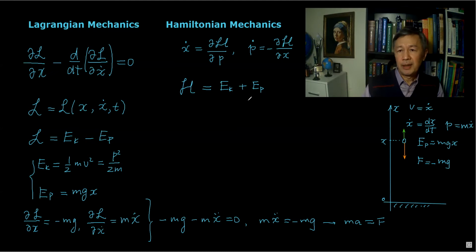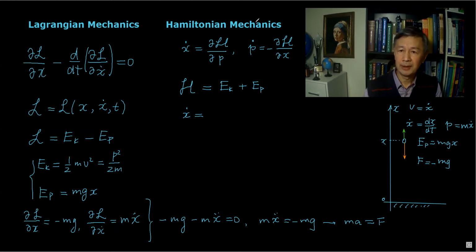So how do we apply Hamiltonian mechanics? First of all, we can borrow the formulas for the kinetic energy and the potential energy. In order to find the first derivative of the coordinate, which is speed, the speed can be written as the partial derivative of the Hamiltonian with respect to p.